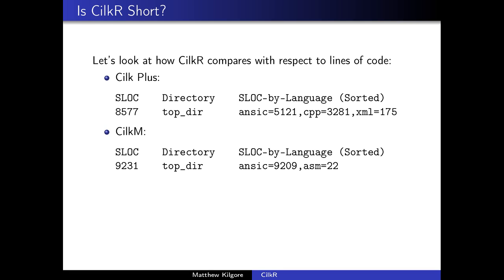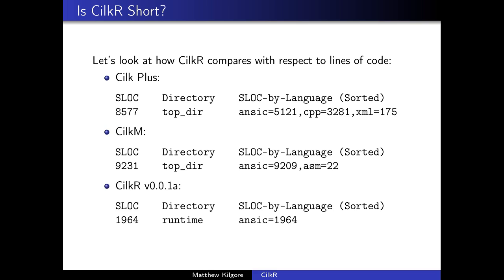Now, a fair amount of that was due to new features added later on, but still, it's fairly sizable. So, how did CilkR do? Did we beat that 5,000 line of code reference? By quite a bit, at under 2,000 lines of code. Ours is the shortest by far.